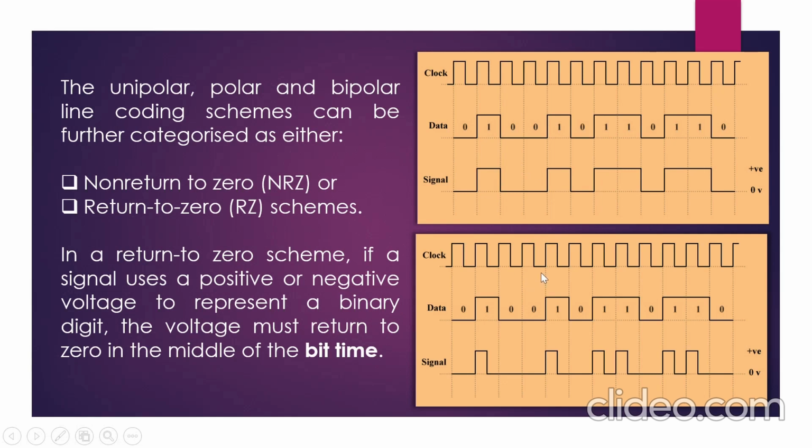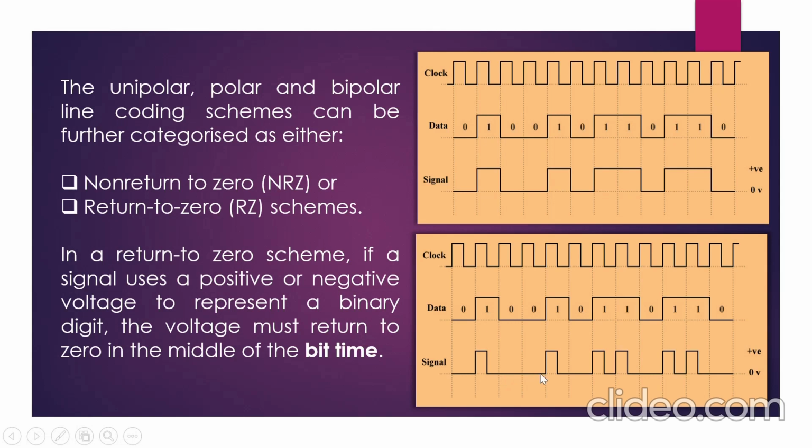Now, return to zero means for a 0, you can see it is shown as a 0 voltage here, but in case of 1, there is an upward transition, so a positive voltage represents a 1, but in the middle of the bit time, this is the bit time, it again comes back to 0 and then starts another representation, which in this case is 0.